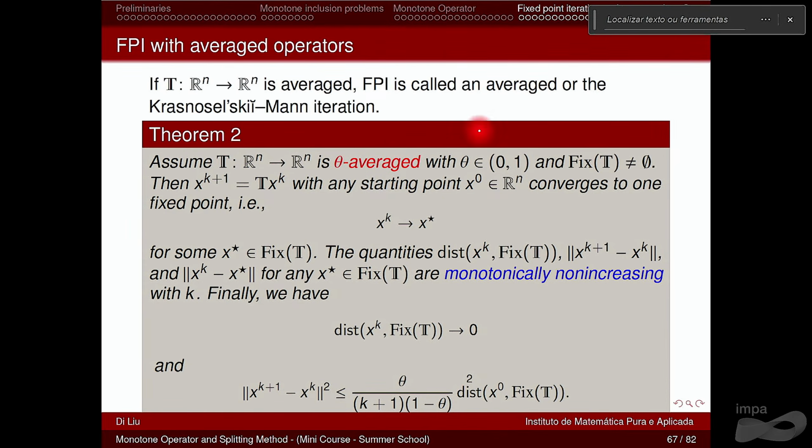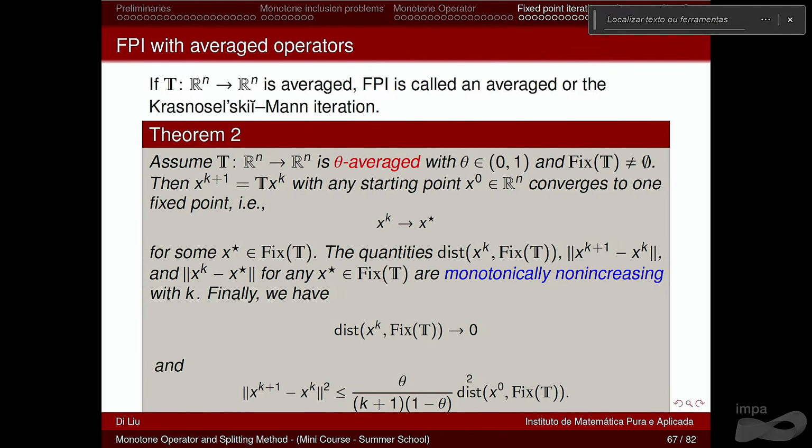This theorem explains the reason. The assumption is that T is theta-averaged and the fixed point set of T is non-empty. Then we have convergence. Pay attention, the convergence here is in Euclidean space, not in Hilbert space, so we do not have the difference between weak convergence and strong convergence.